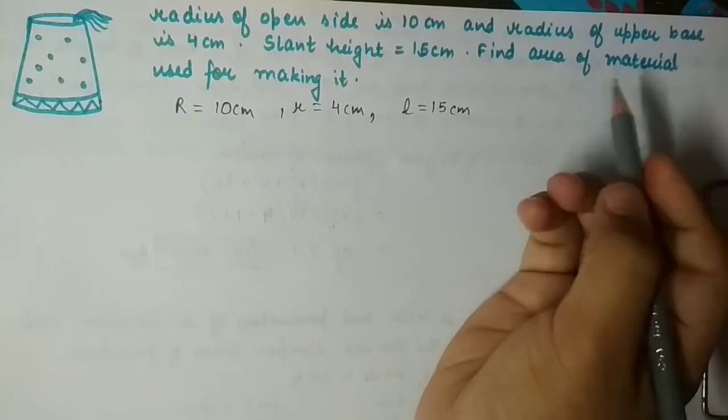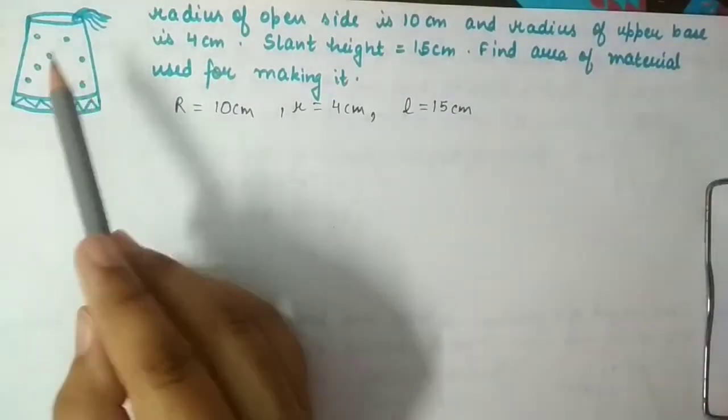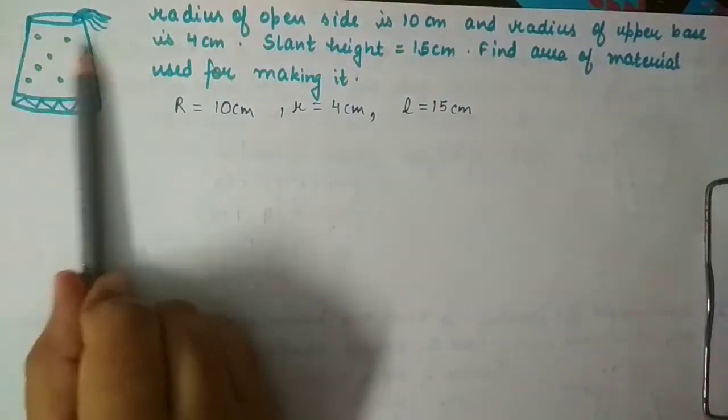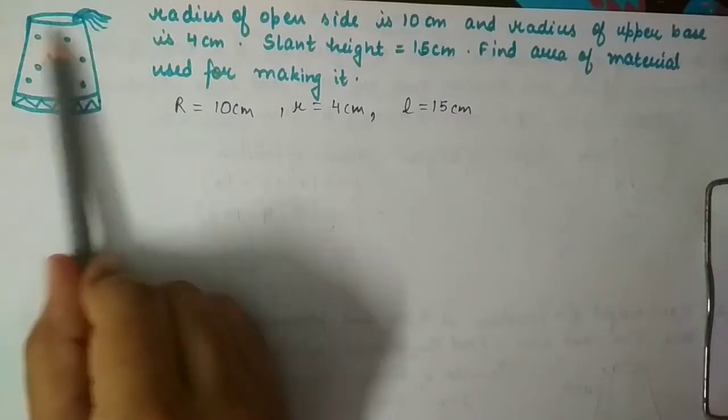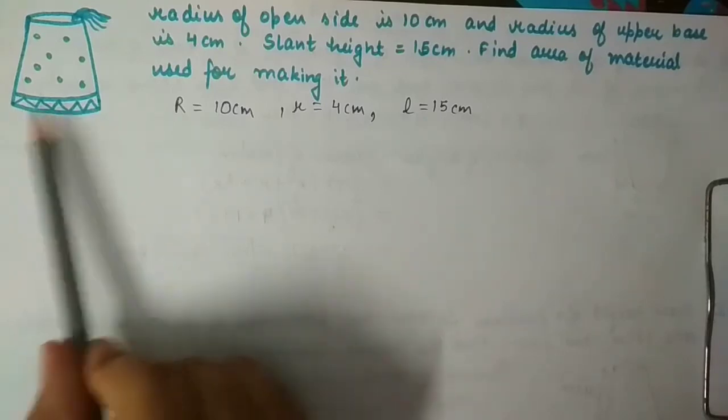We have to find the area of the material used for making the cap. So the material is on the curved surface area and on the top, on the upper base of the cap and not at the bottom. The bottom side is open.